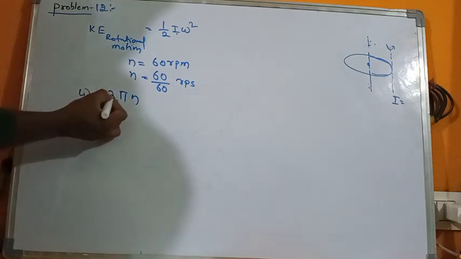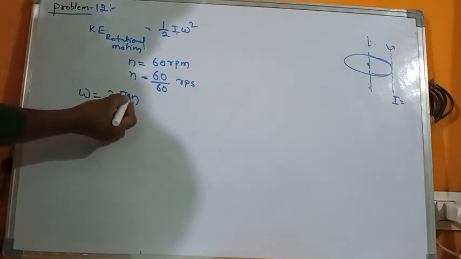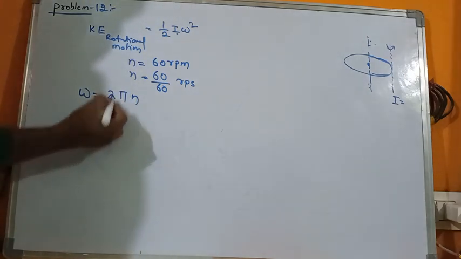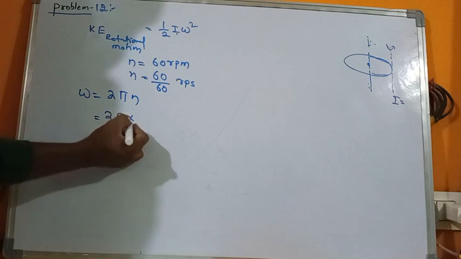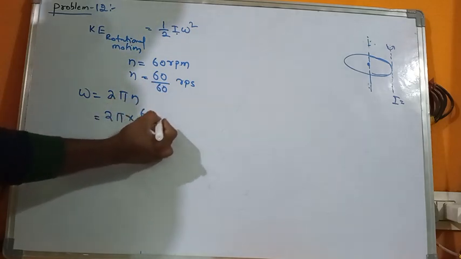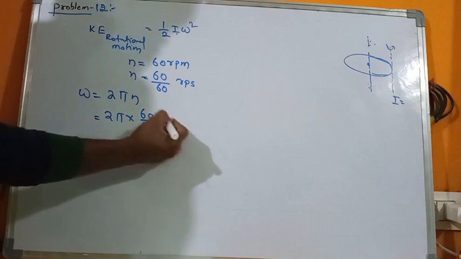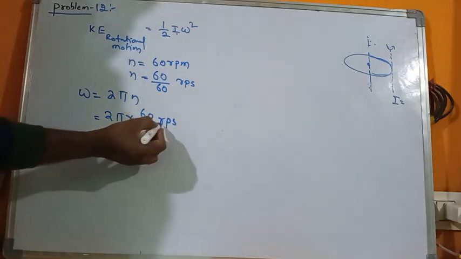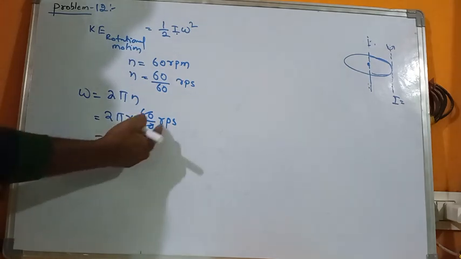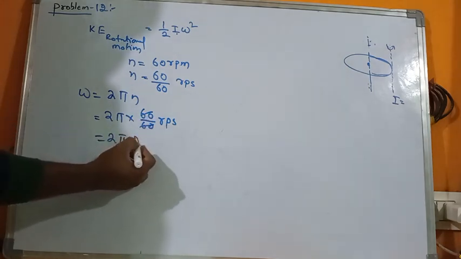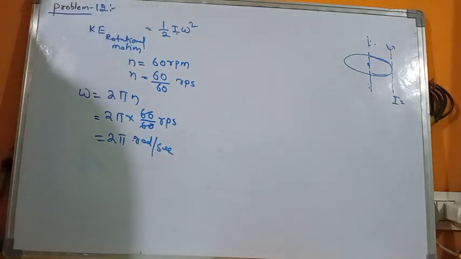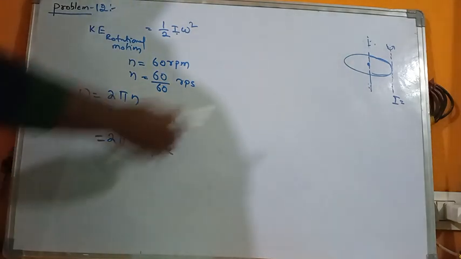In one rotation it completes 2 pi, and in n rotations 2 pi n. So omega is 2 pi radians per second. Now we want I.